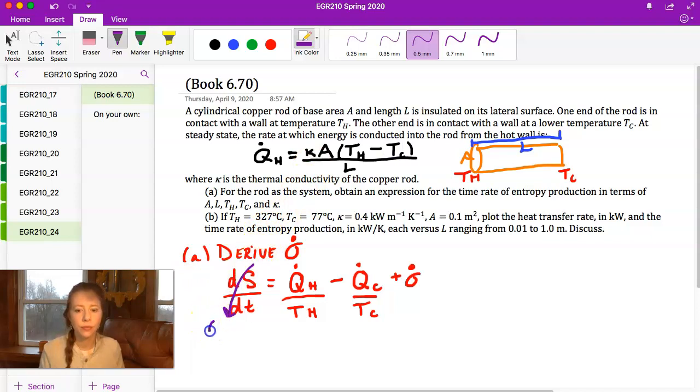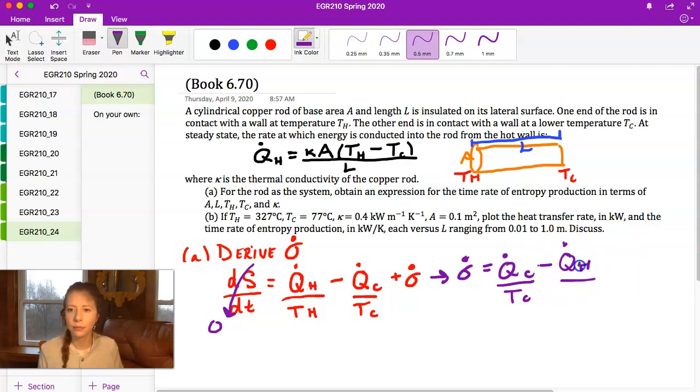So that tells us that sigma dot is equal to Q dot C over TC minus Q dot H over TH.